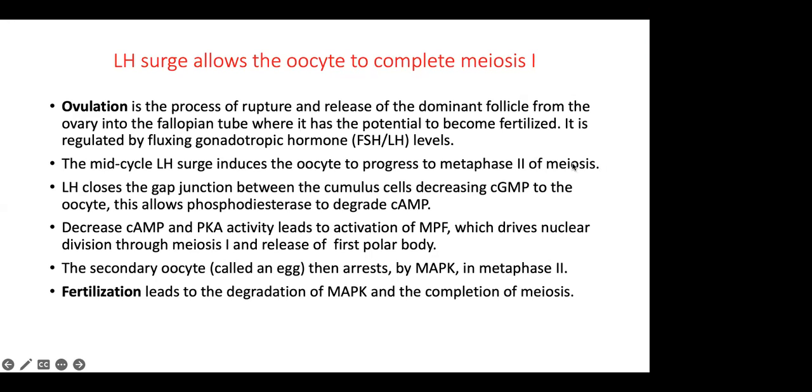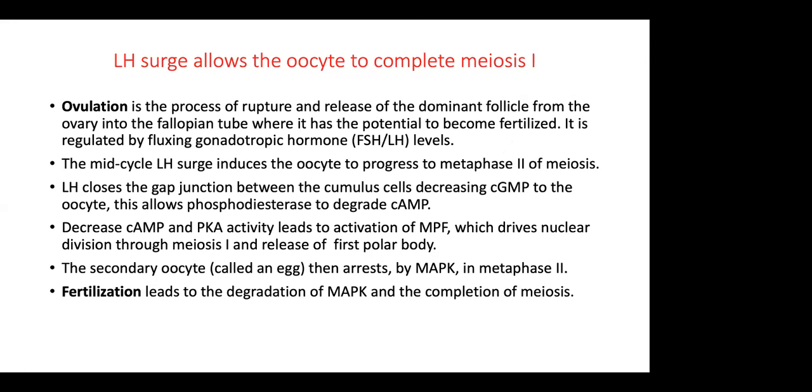I can try and answer this. Yeah, sure. Go ahead. So basically, the high estrogen at the beginning has an inhibitory effect on the LH levels, but then around the 14th day, it starts to have a stimulatory effect, and then it will trigger a surge in LH, which will allow the cell to go through meiosis 2.